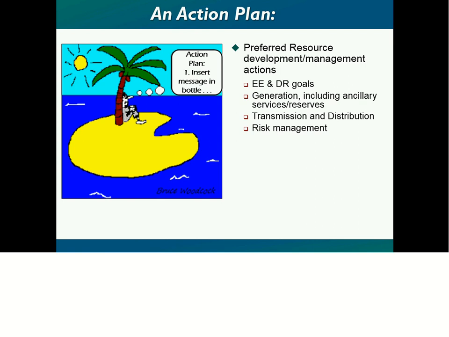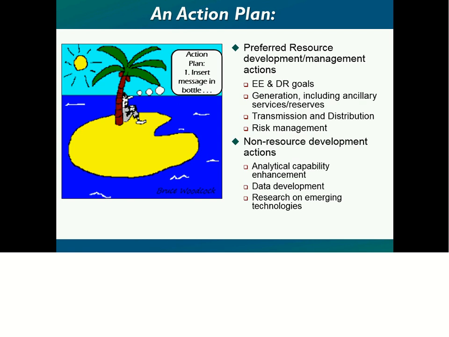In the action plan, there's also non-resource development. There may be some analytical capability you need to develop for the next time you do an IRP. Or there might be some data development you need to do for the next time you do an IRP. There's always, I wish I had data about this. For example, the Northwest on a regular basis goes out and does a new housing characteristics survey, an existing housing characteristics survey, and an existing commercial buildings characteristics survey.